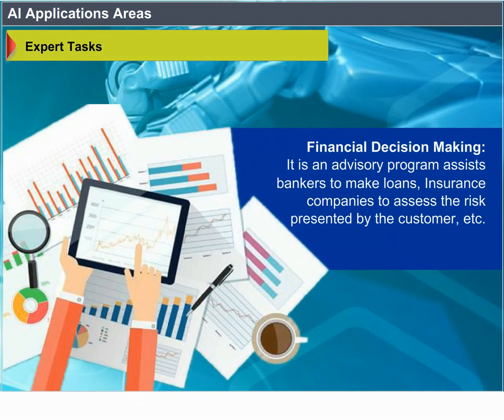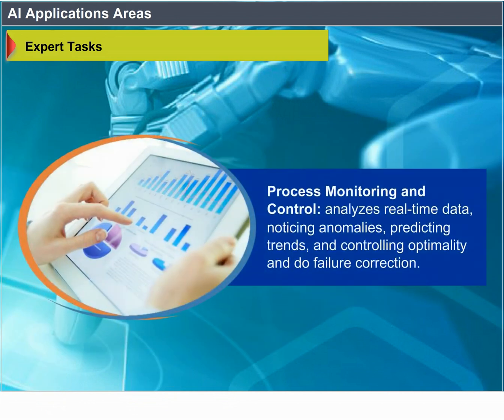Financial decision making: an advisory program that assists bankers to make loans, and insurance companies to assess the risk presented by the customer, etc. Process monitoring and control: analyzes real-time data, noticing anomalies, predicting trends, controlling optimality, and doing failure correction.